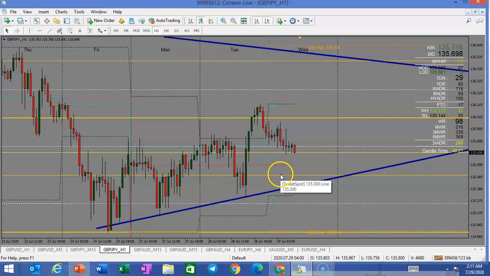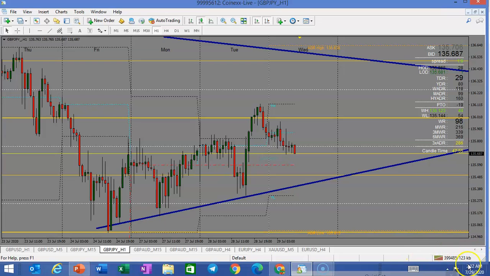Now, looking at our sweet spot, what's also interesting is that this sweet spot of 135.5, this institutional level, is also intersecting nicely with our trend line. So I could maybe expect price action to come down here.